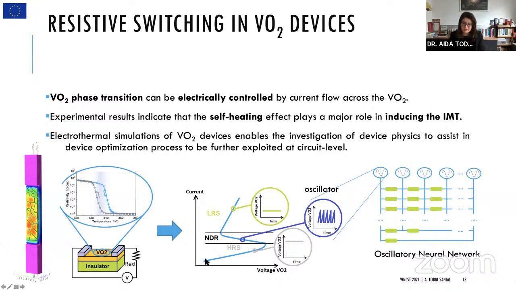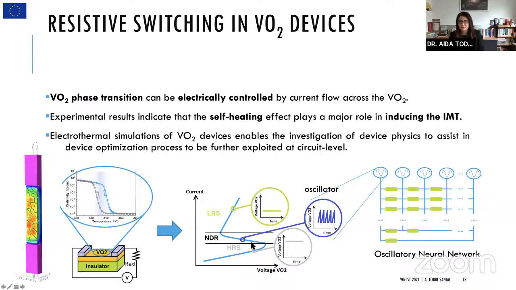So here you can see the initial behavior, when the voltage is ramping up, we can see this linear behavior. And then immediately we have this negative resistance range, and then the higher resistive state and the low resistive state, and this is where the oscillations are occurring.